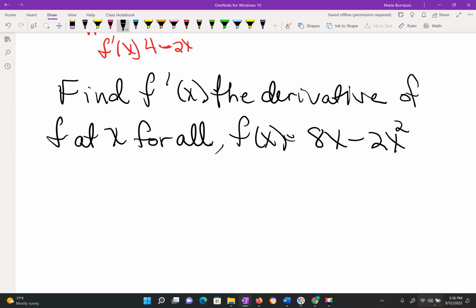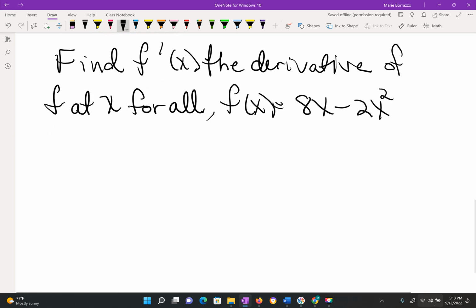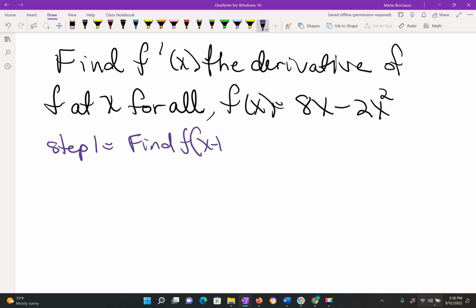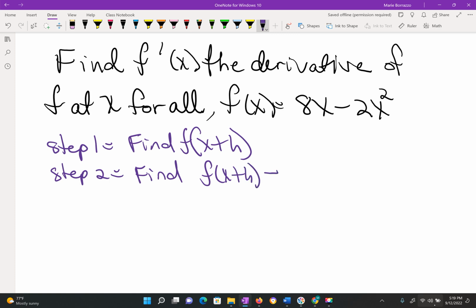And so here are the 4 steps, by the way, because you probably don't remember these from last week. Step 1 is to find f of x plus h. Step 2 is to find the value of the numerator. So you're going to do f of x plus h minus f of x.